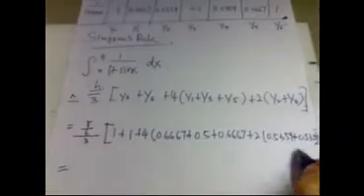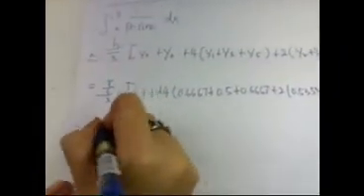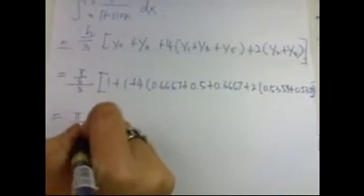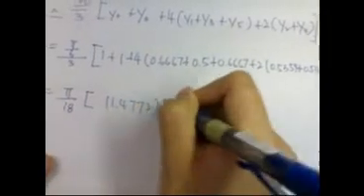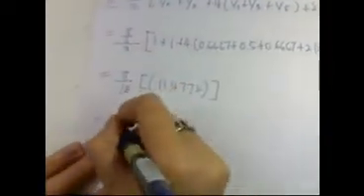After you calculate everything, the answer you should get is pi over 18 times 11.4772 after simplifying. And then the final answer you should get is 2.0.